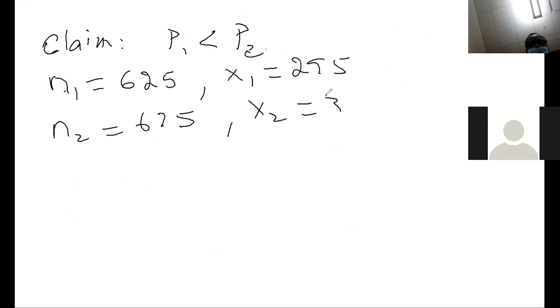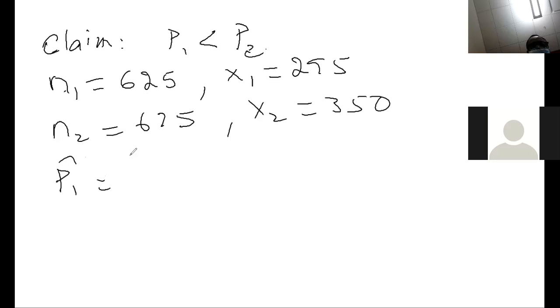The claim here is P1 is less than P2. And we have N1 equal to 625, X1 495, N2 625, X2 350.